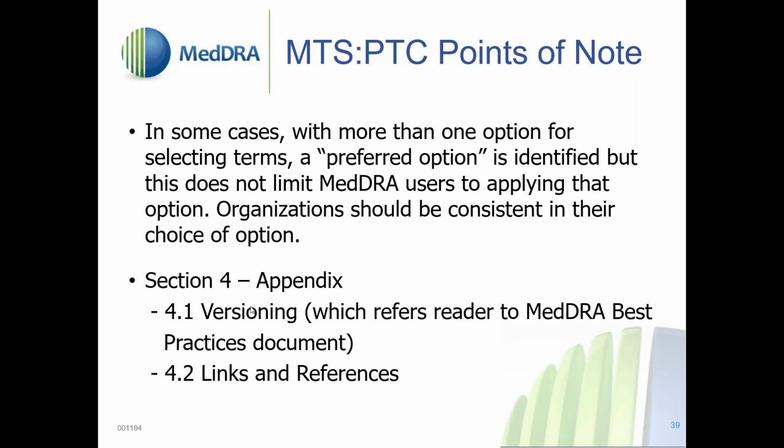So document your processes, document your decisions, not only for inspection readiness, but also for newcomers to your organization, so that everybody knows how to approach the versioning question. And the appendix also contains some useful links and references.